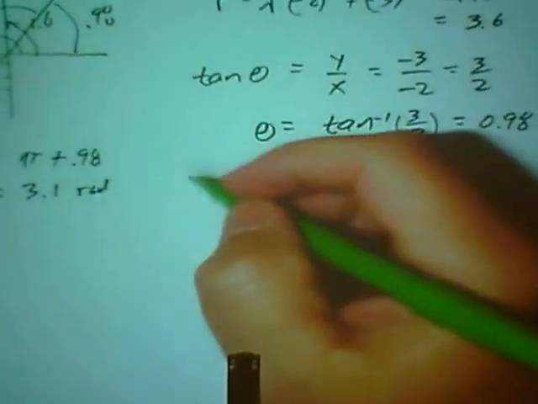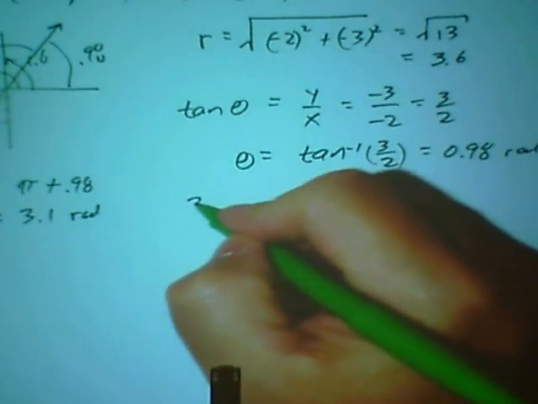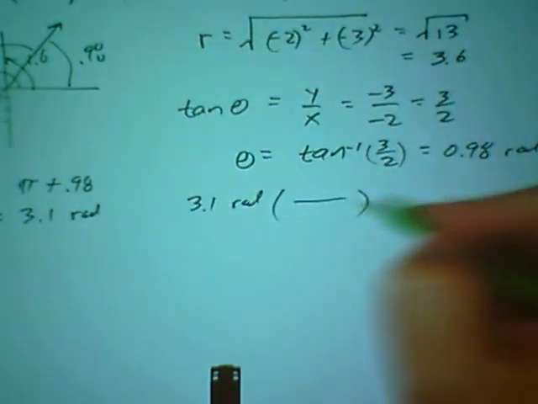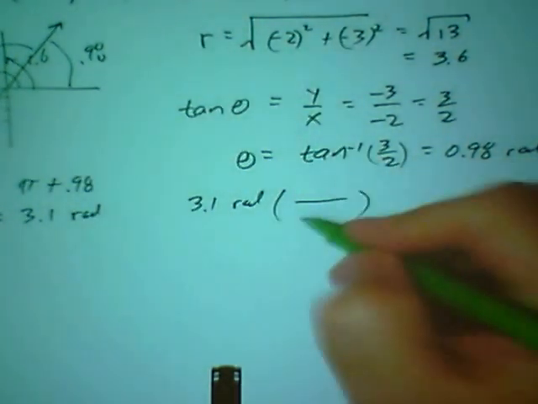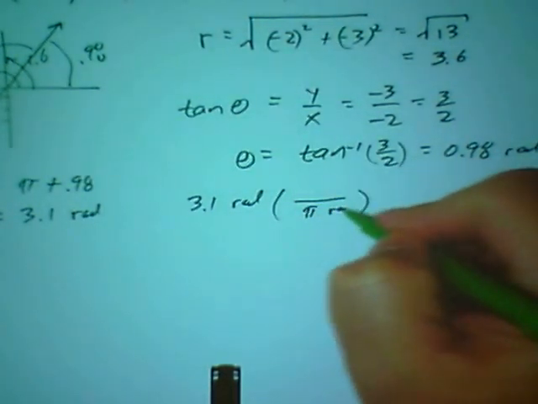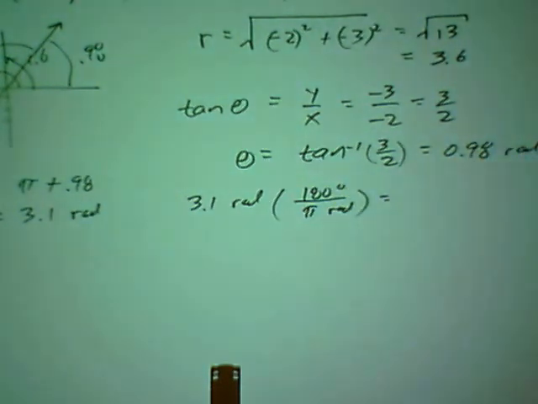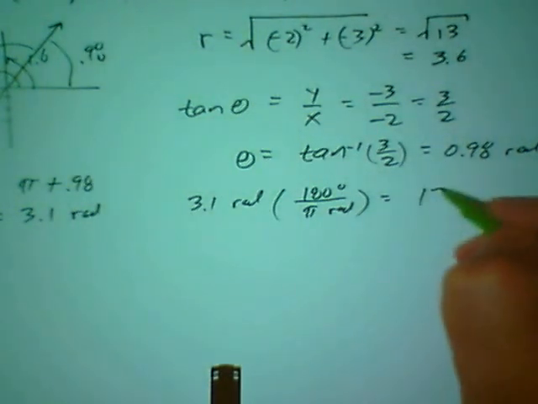And just for fun, as a check, let's figure out what that would be in degrees, if it makes sense. Remember how to convert from radians to degrees? There are pi radians, 180 degrees. Just for fun, divide by pi times 180, 176.4 degrees.